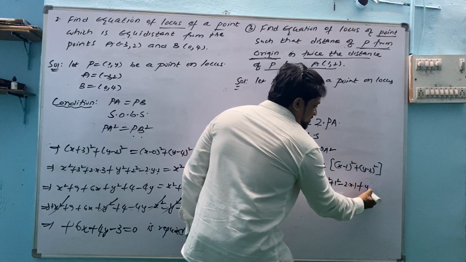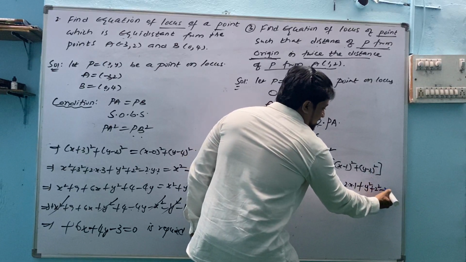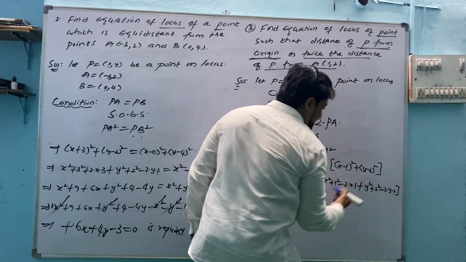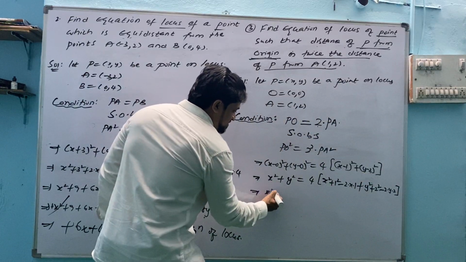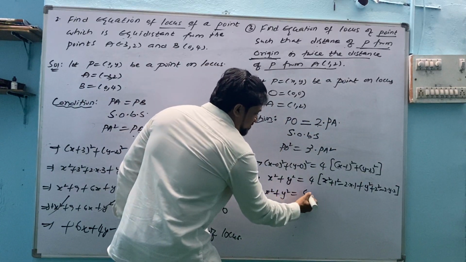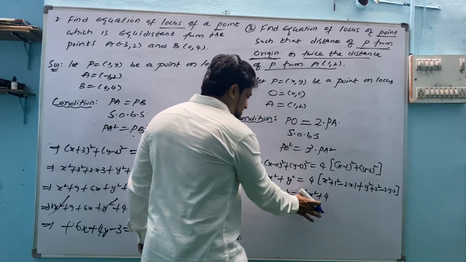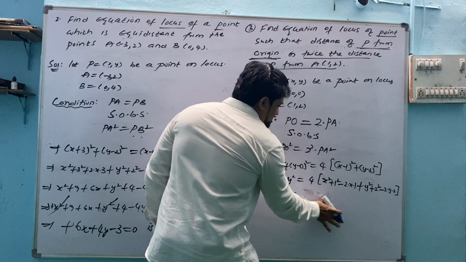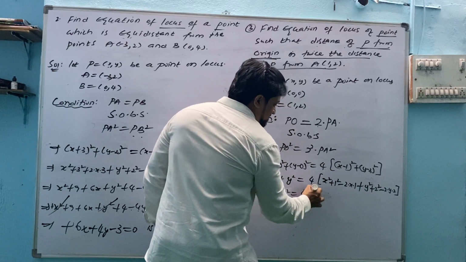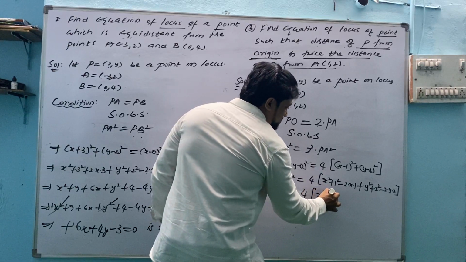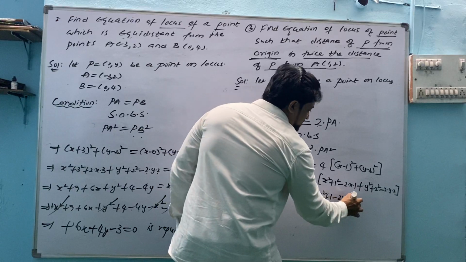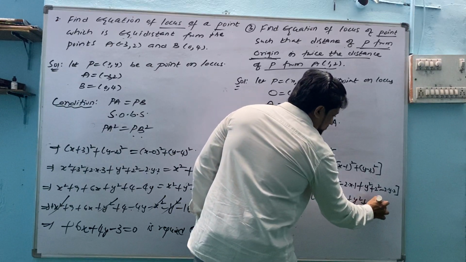Here also, a minus b whole square is a square plus b square minus 2ab. Then bracket closed. Here x square plus y square is there, 4x square plus 4. Or else, first simplify the inner bracket. 1 square is 1, 2 ones are 2x, y square, 2 square is 4, 2 twos are 4y.